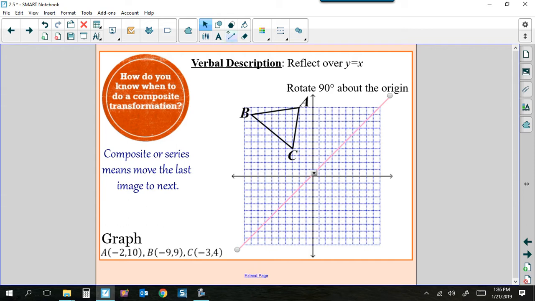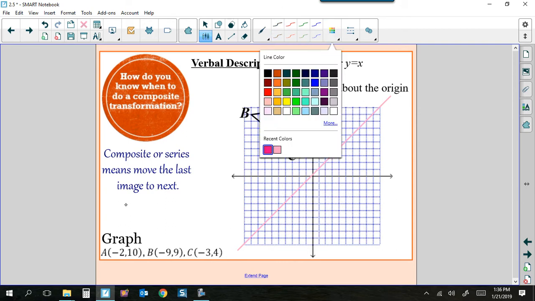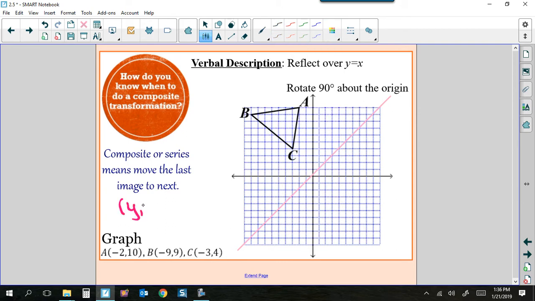Which is why the rule, if you remember back a few lessons, for this particular lesson is (y, x). So you can either count your diagonals or you can apply the rule, but why don't you pause your video and see if you can reflect triangle ABC over the line y equals x.